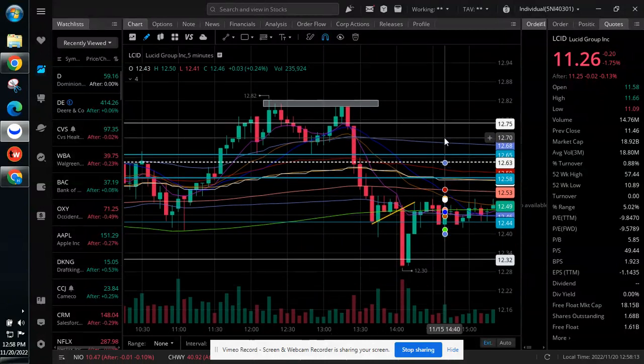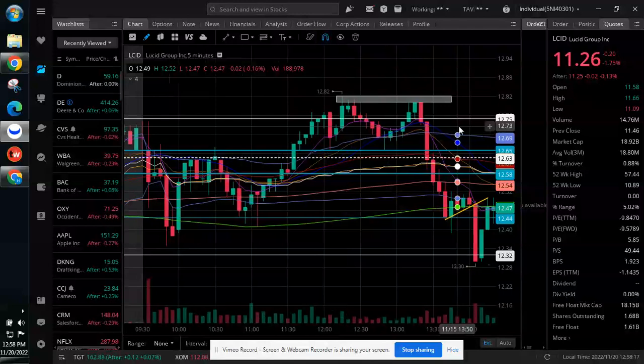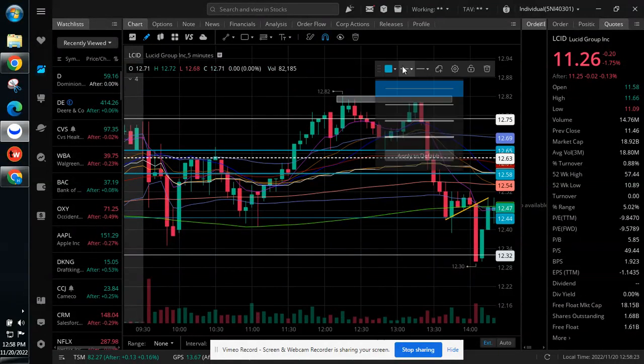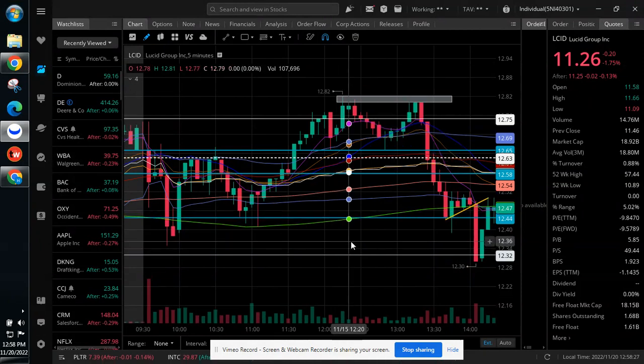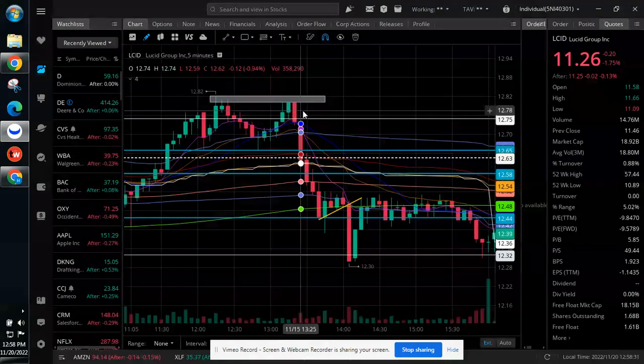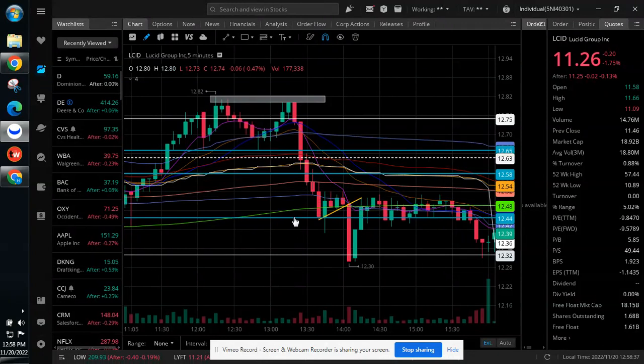And as far as my exit point, this pre-market level here. I thought I made that thicker. So as far as my exit point from up here, I would have let this thing ride all the way down to this pre-market level.